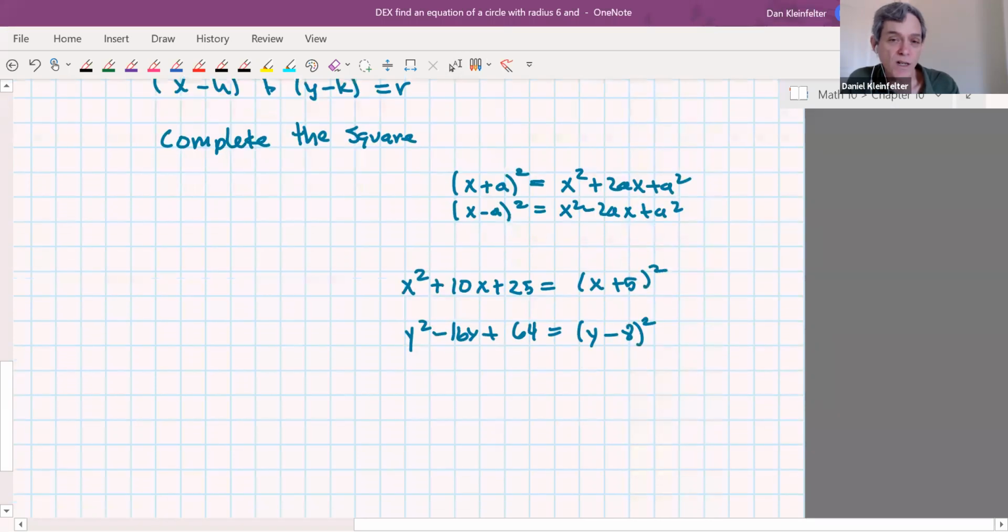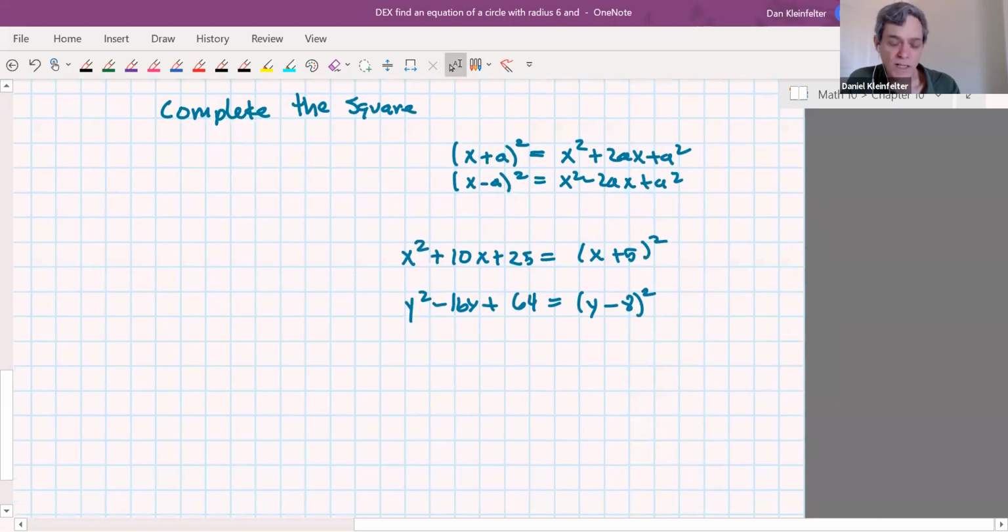In fact, once you know the middle term, you don't even need to know the constant term. If I told you, let's factor x² + 22x + something, you can figure out the something. Half of 22 is 11, 11 times 11 is 121.